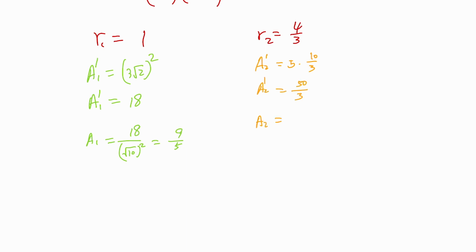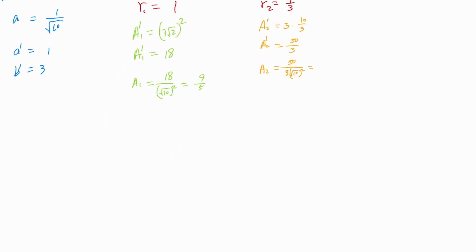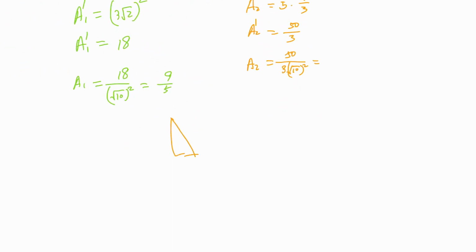But if we scale it back, we have 50 over 3 divided by square root 10 squared. Because we're considering area, the scale value has to be squared to divide by. For example, let's make a square.